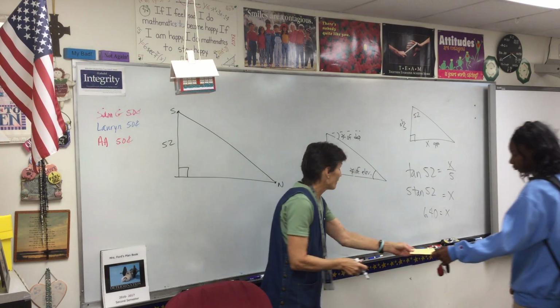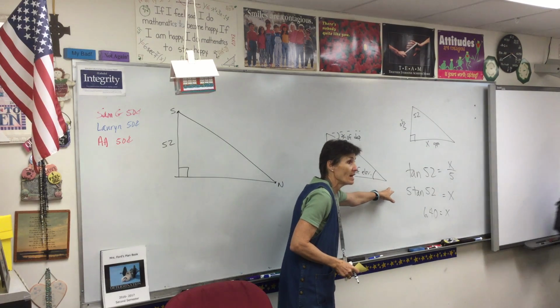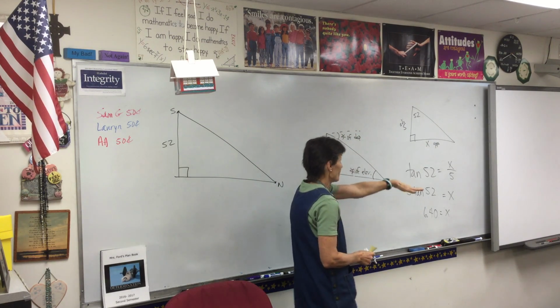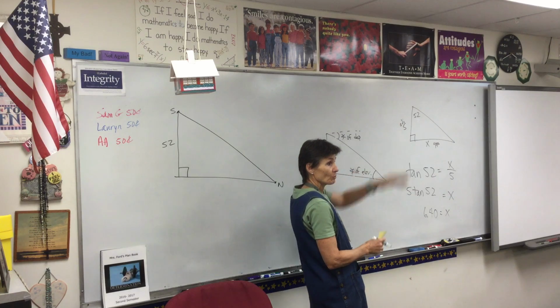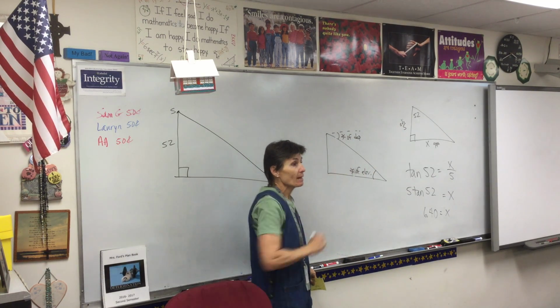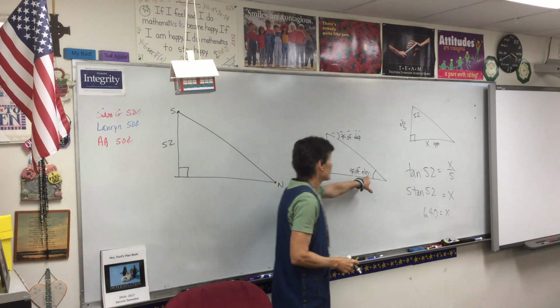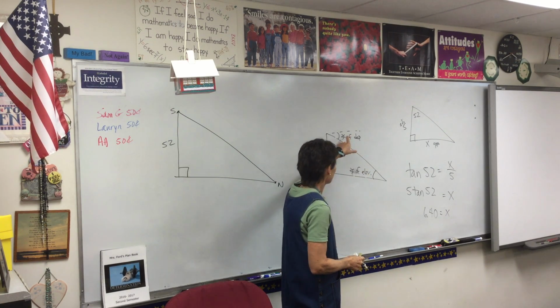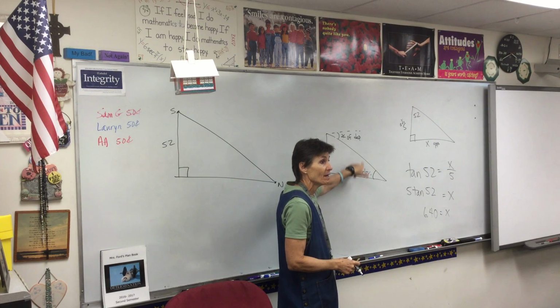So in other words, if I were a worm in a nut looking up at the squirrel, that would be the angle I tilt my head through, and those two match. Every time they say angle of depression, you can mark it as an angle of elevation because these two will always be the same. How do I know they'll always be the same?